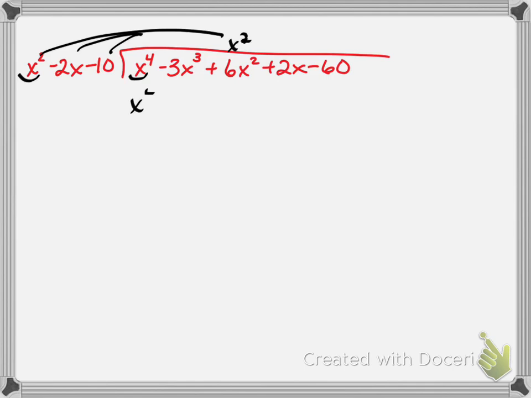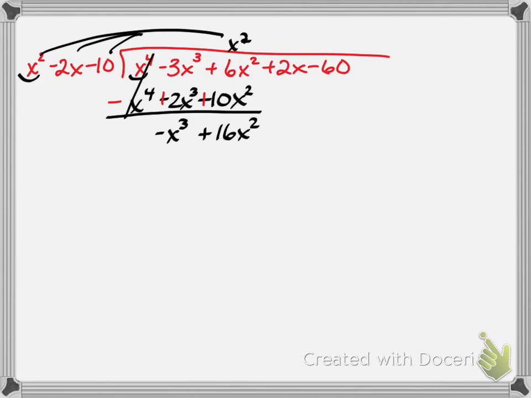So then you take it and you distribute to all three of these. So you get x to the 4th minus 2x to the 3rd minus 10x squared. Then you draw your line and you change all these signs. This should cancel every time. That gives you negative x cubed plus 16x squared. Bring down your next term.